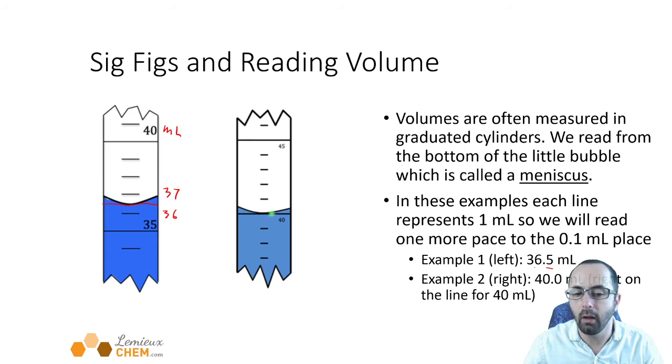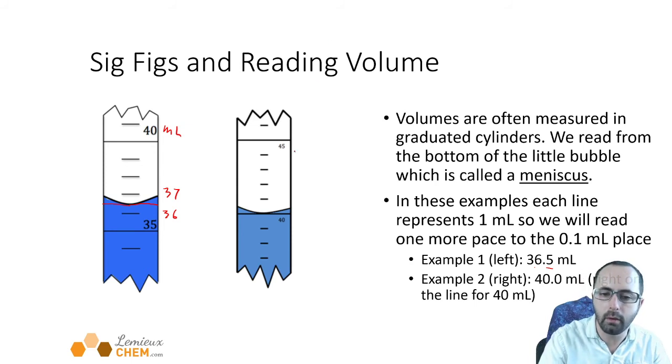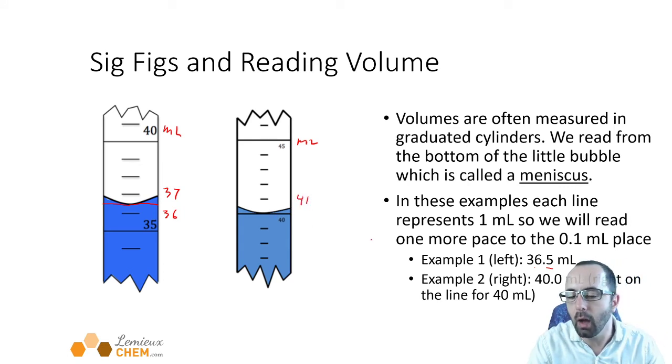Now what if it lands right on the line, like this here? The bottom of this one is right on the line. These are also milliliters. This is 40, this one's 41. From what I can tell, it's right on the line 40. But I'm not just going to write 40, because I know that I'm more accurate than that. I need to say that it's right on the line 40, and the way I do that is by writing a 0.